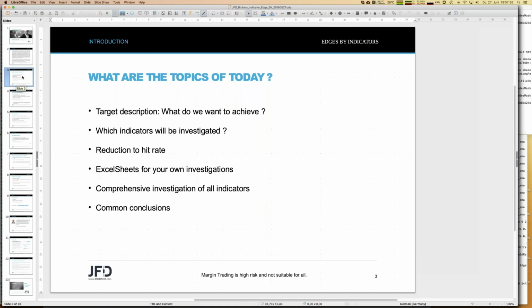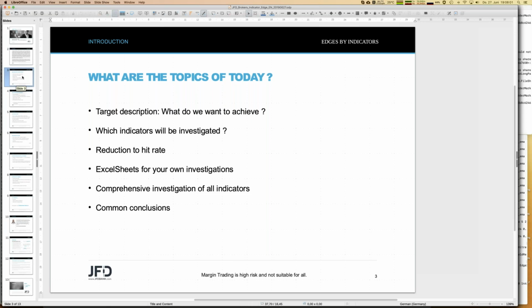Of course, I will introduce some Excel sheets for your own investigations, and I have prepared, I think, in total 6 Excel sheets with different indicators, and I will explain a little bit how you would do it if you feed those sheets with new price data of different symbols. So it's quite easy, and then you can do your own investigations as well.